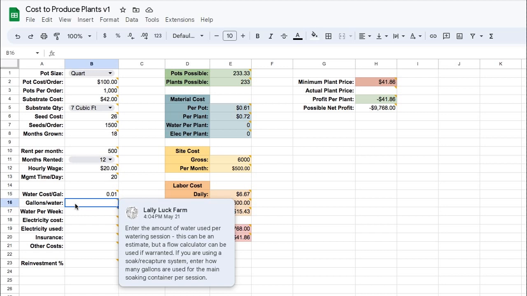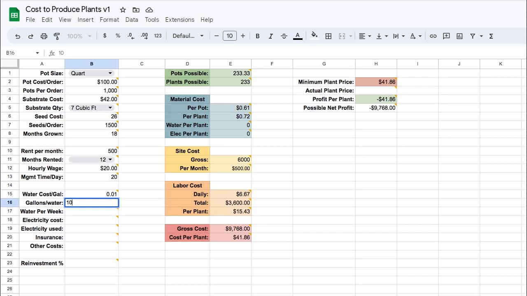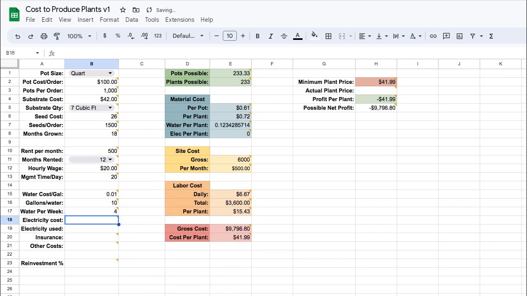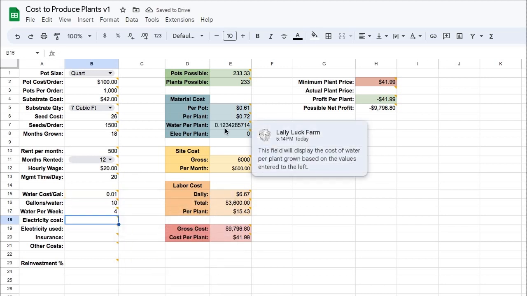You could do how many gallons of water you are putting into your base container before recapture, and then you can measure how much water is left at the end of it and get your gallons per watering session there. So if I was to say use 10 gallons of water per watering session, and I'm watering 4 times per week, now for the life of the grow of this particular plant, per plant it costs me about 12 cents.